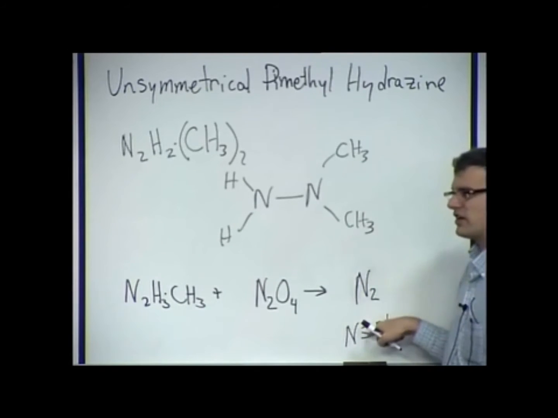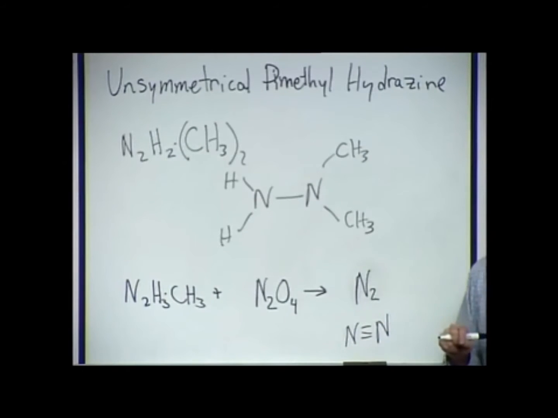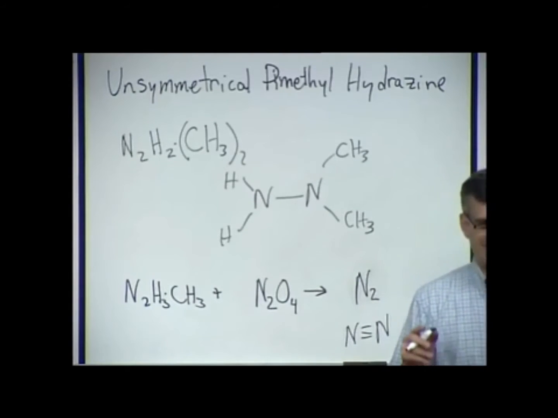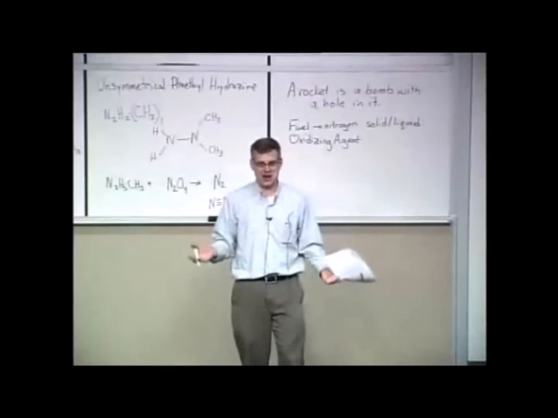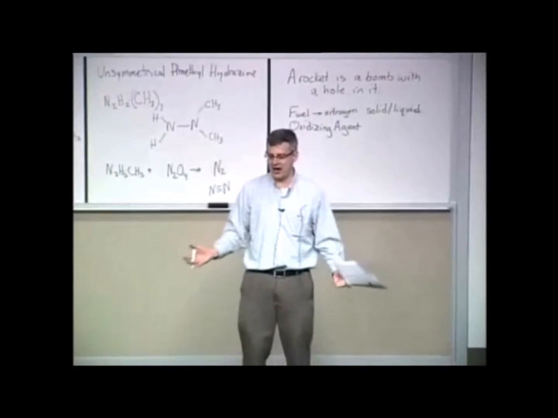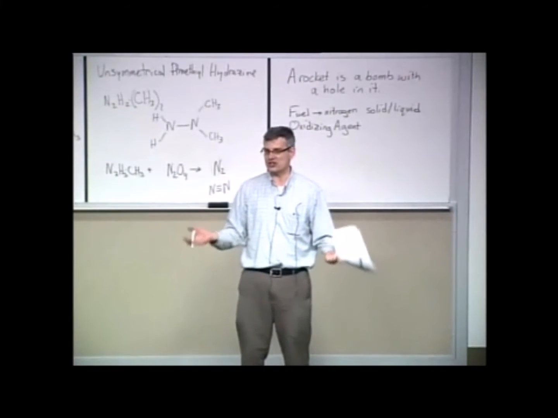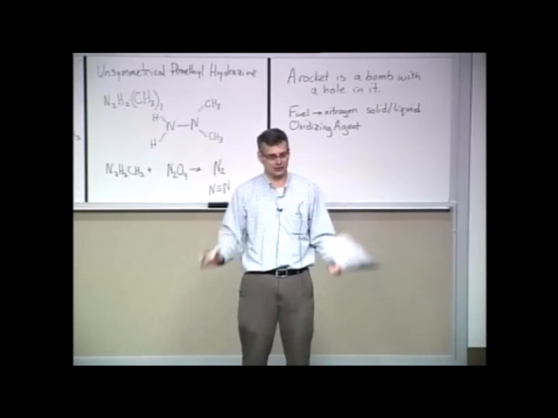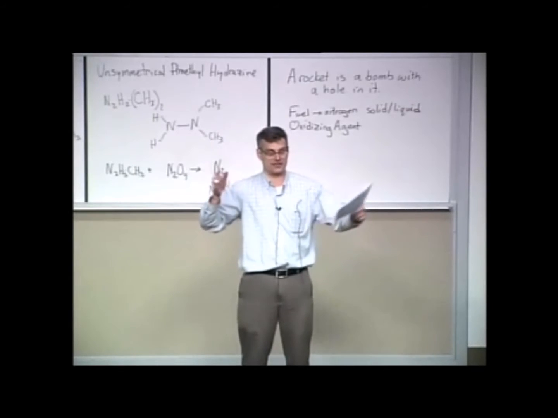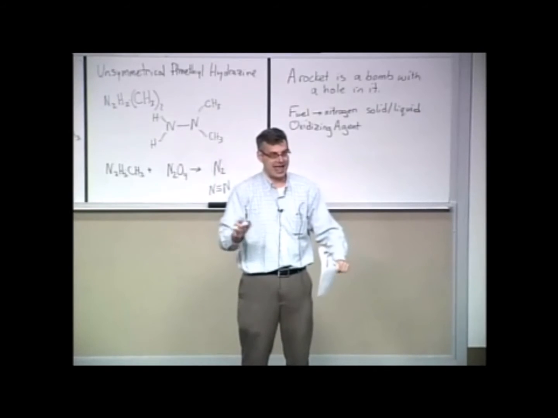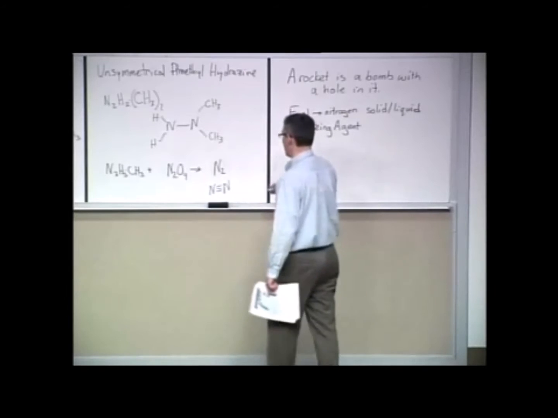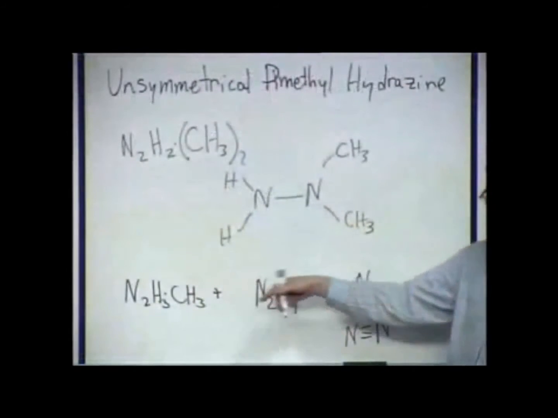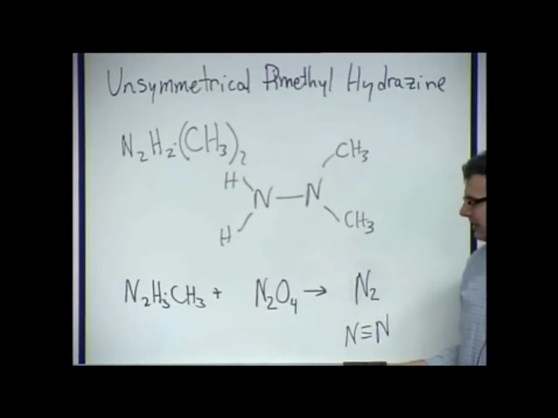And this is a very preferred low energy state for a gas. It's the reason why 80% of the air is nitrogen diatomic molecules. Nitrogen loves to be in this state. It's a low energy state. It releases all sorts of energy to get to that state. And it's a gas.